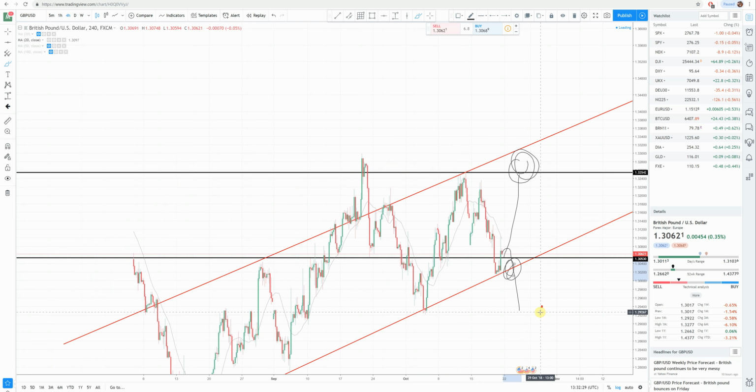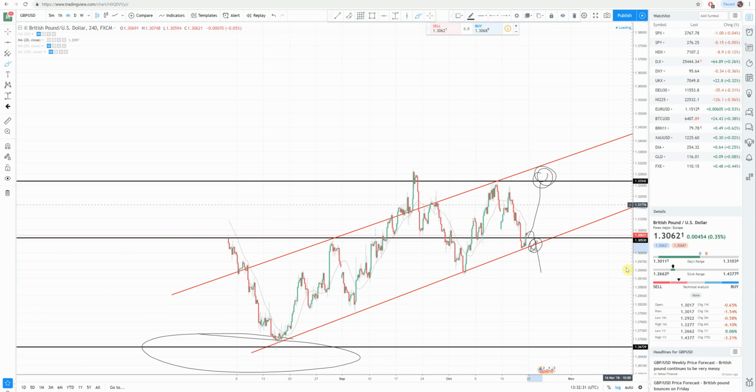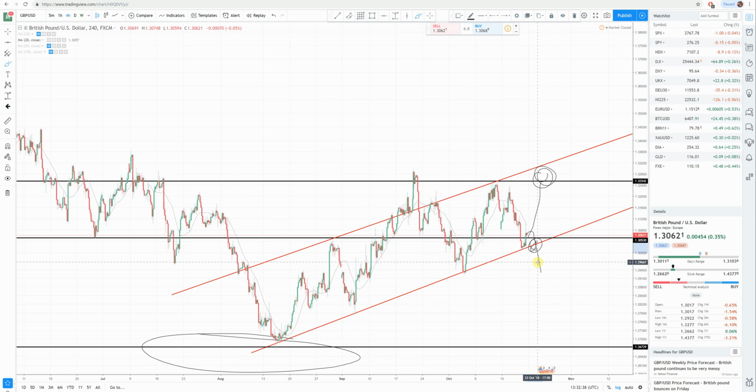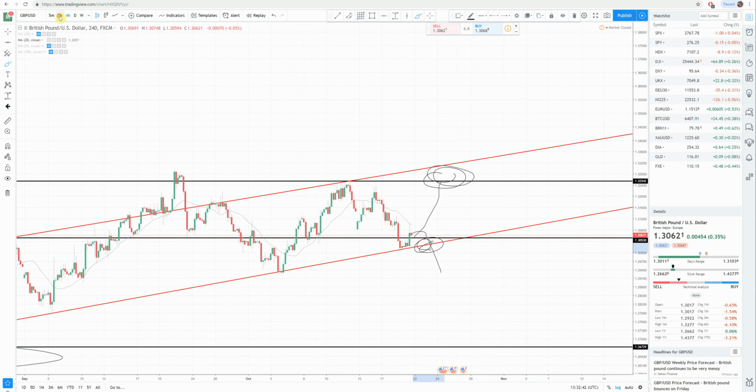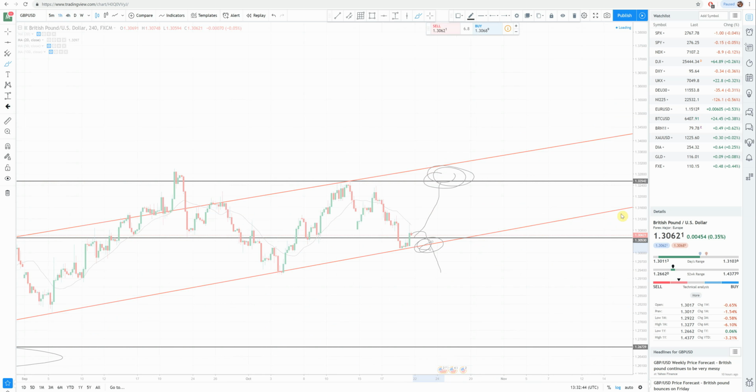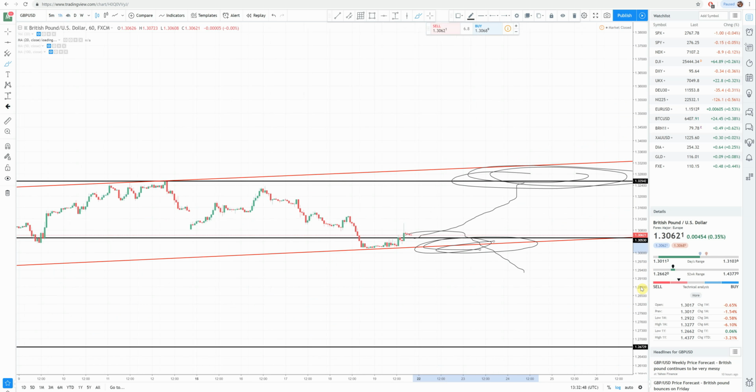If that happens, then we are in for some big down moves, some big fall for the pair if that happens, right? So those are the two things which I'll be waiting for this coming week.